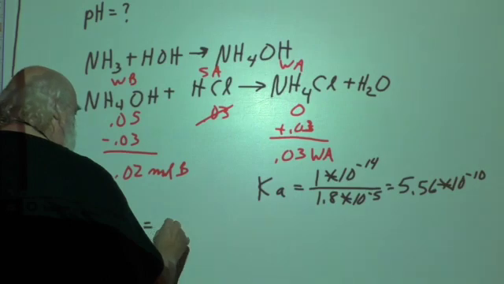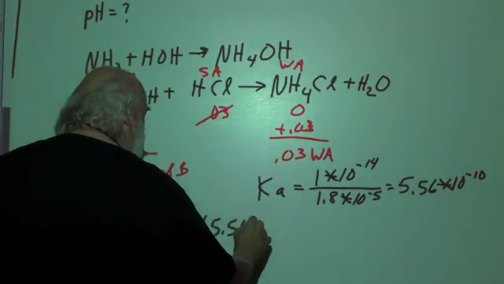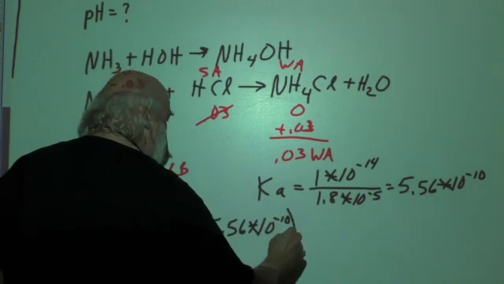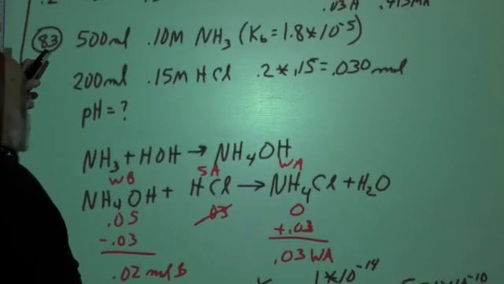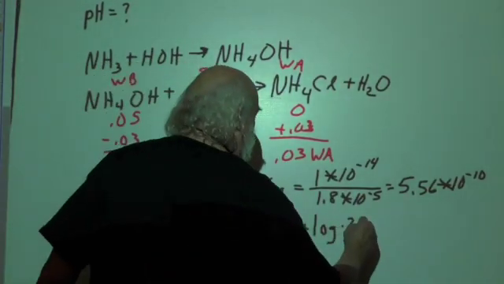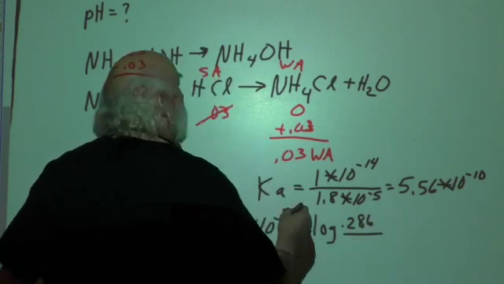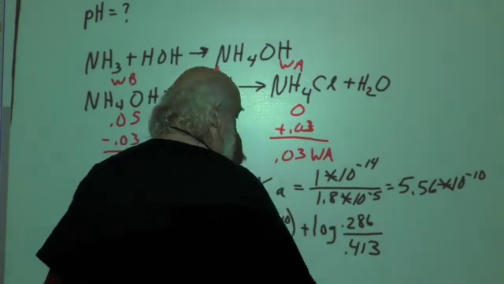So that's what we're going to have here, negative log of 5.56 times 10 to the negative 10 plus the log of the concentration of your base. Your base is 0.286 over your acid 0.413.